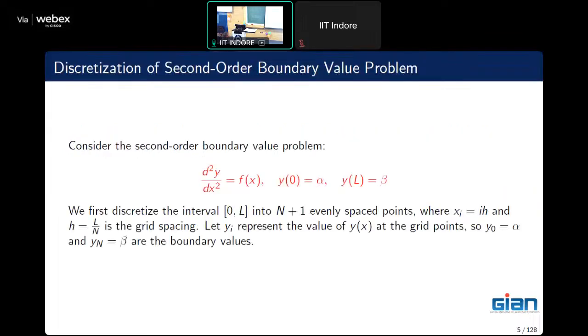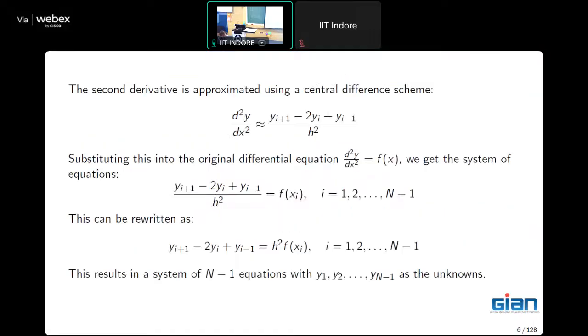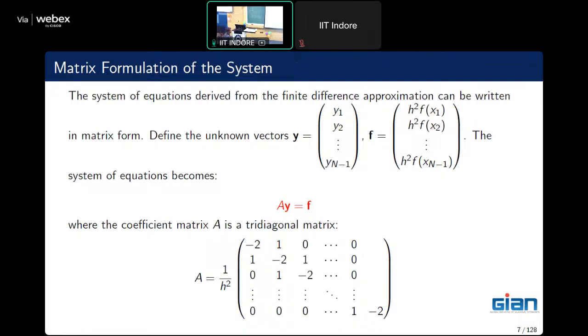Now similarly, if you discretize the interval 0 to L with n plus 1 evenly spaced points, where xi equals ih and the step length is of this form, and then use the difference approximation, you will get a tridiagonal matrix. The difference approximation can be written like this, y equal to and f equal to this, and finally we get the system of equations.